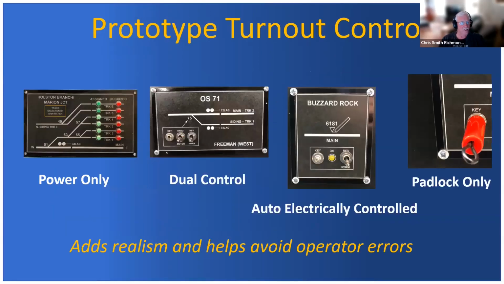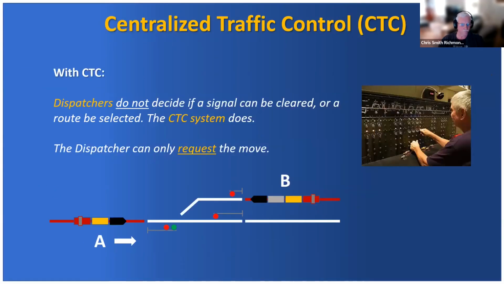So that describes briefly four types of turnout control. Between the signals and the signaling modes and complex track control, and now prototype turnout control, I've got a little bit more realism that, in my opinion, only a layout control bus with software can do to enhance the fun.